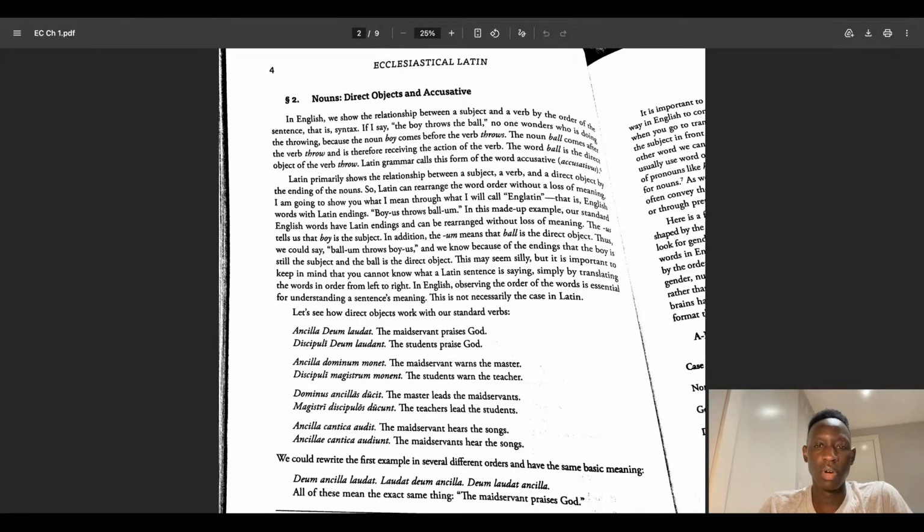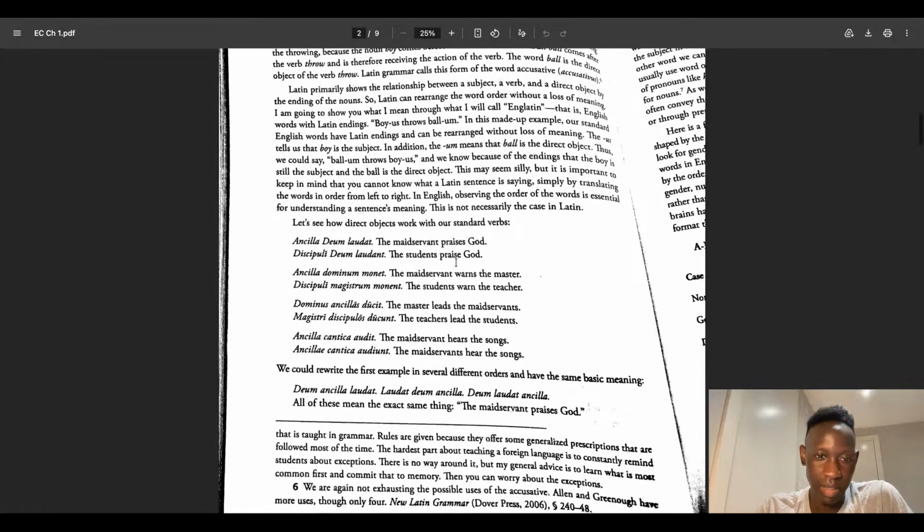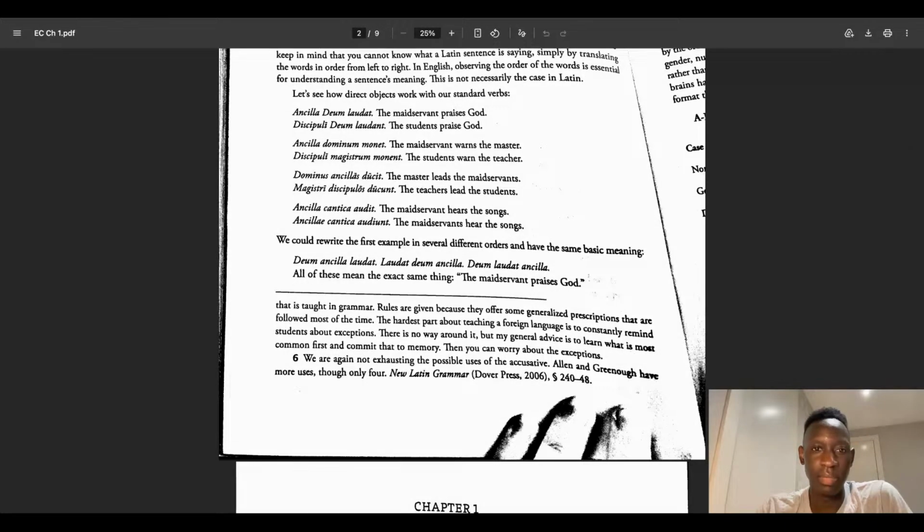Boius throws balum. Okay, I see. This is a made-up example. Our standard English words have Latin endings and can be rearranged without loss of meaning. I've covered this, so I'm going to skip all this. I think I'll read some examples.